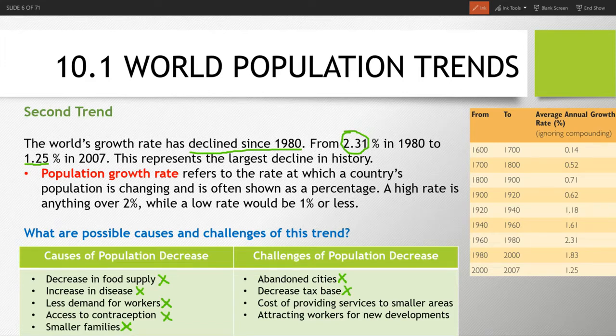The cost of providing services to smaller areas becomes a significant problem. And this can be seen in some parts of our own province where resettlement might be on the table for some communities.